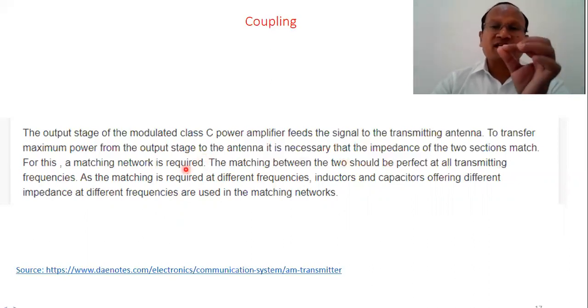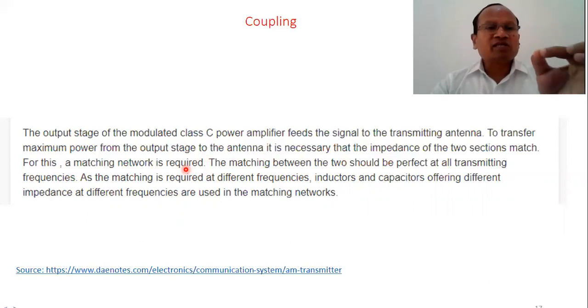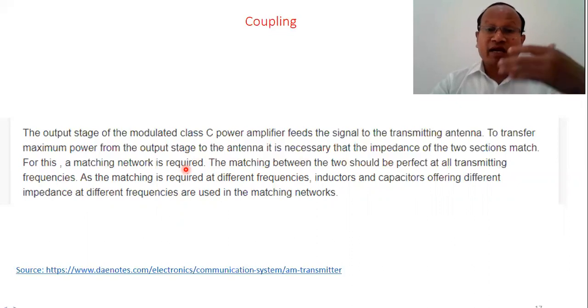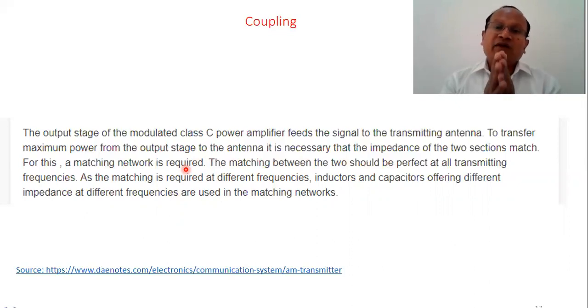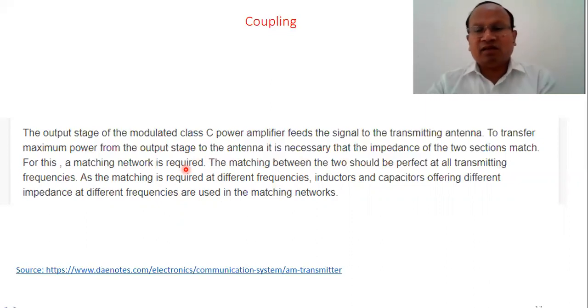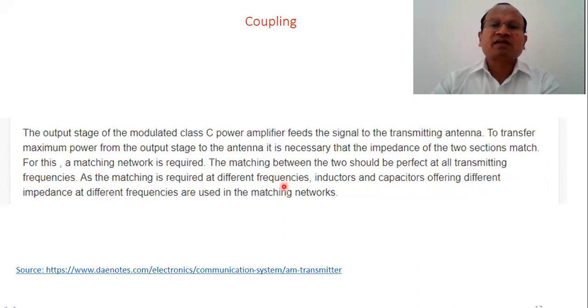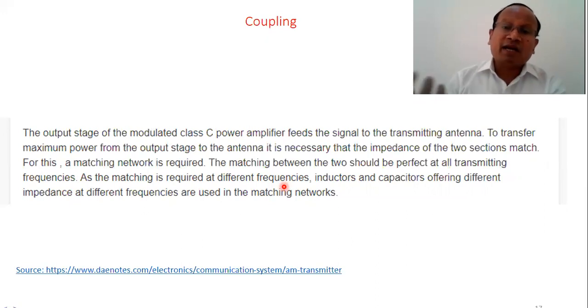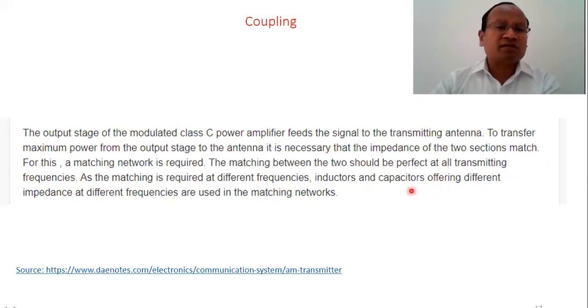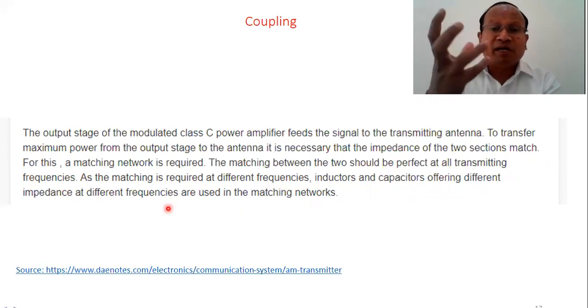Impedance matching is needed between the frequency multiplier and the carrier oscillator. Similarly, impedance matching is even more required here between the antenna and the class C amplifier. The matching is required at different frequencies, and in the matching circuit we can use a coupler, a coupling circuit using different electrical elements like inductors and capacitors that can offer different impedance values.